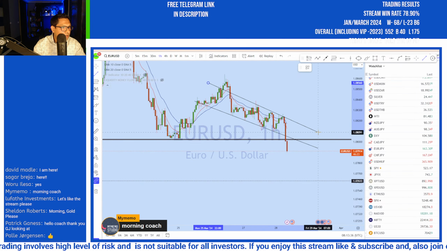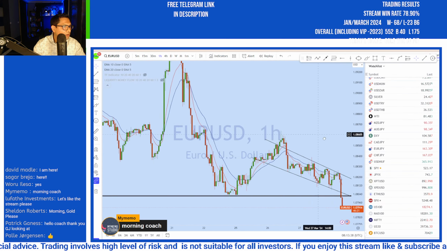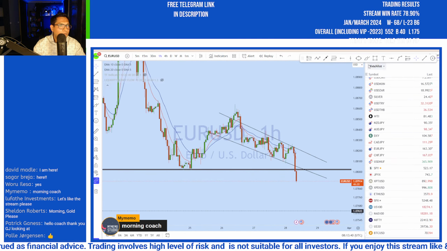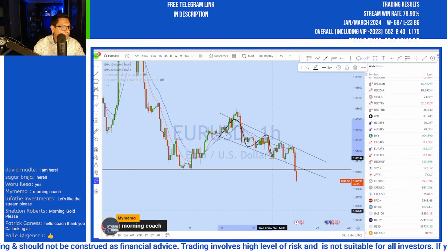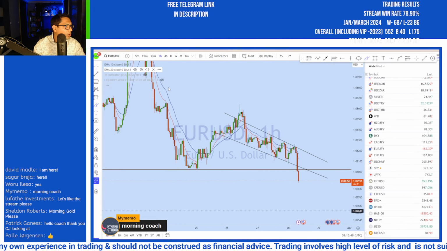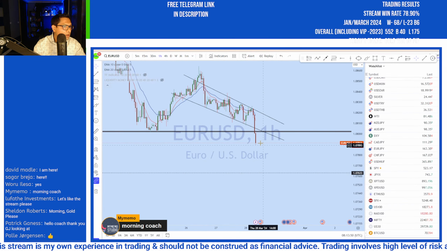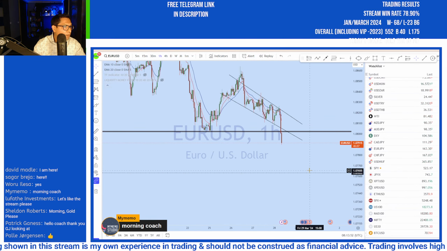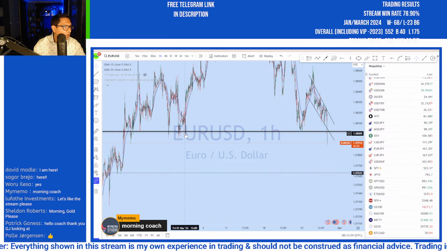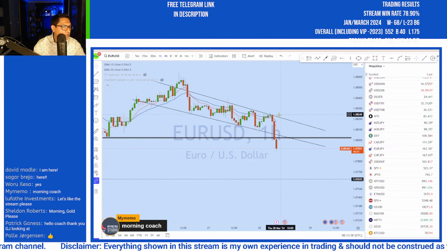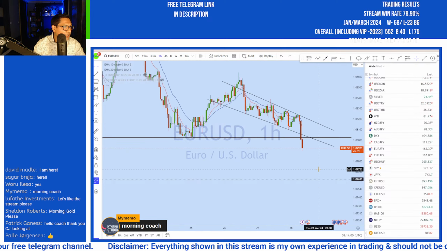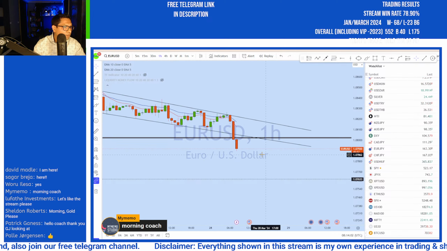This is a resistance here, this is a channel on EUR/USD, and with that channel the price has broken completely. This is a very important level of support, and it has broken completely from that support level.